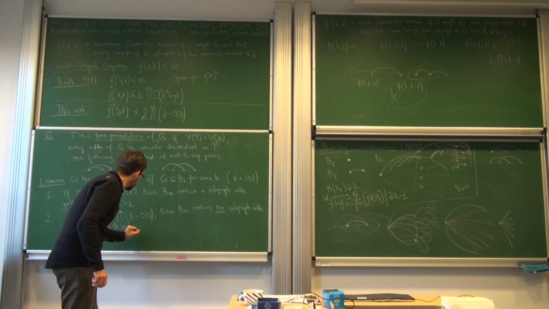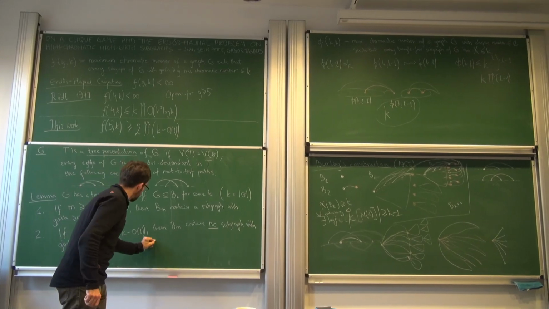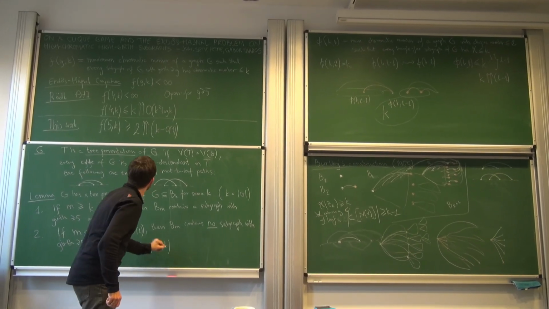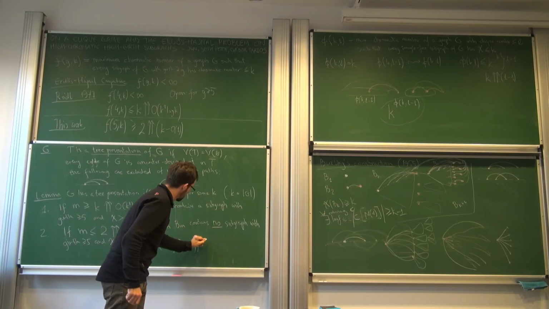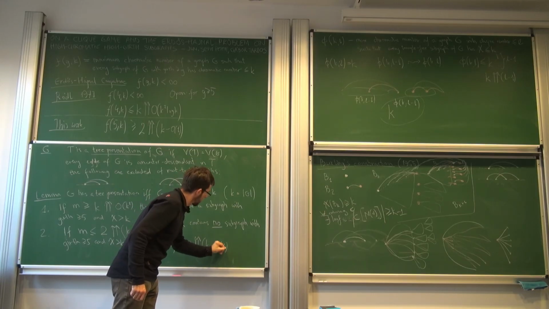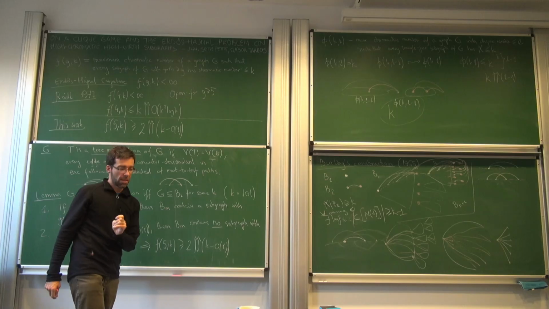So this implies that F5K is at least two to the power K minus a constant.